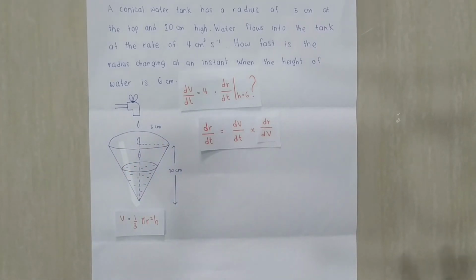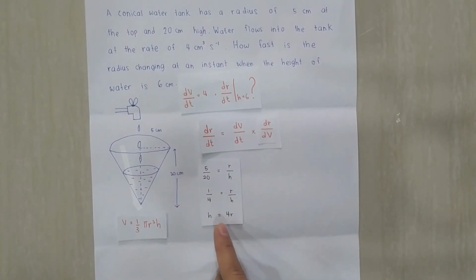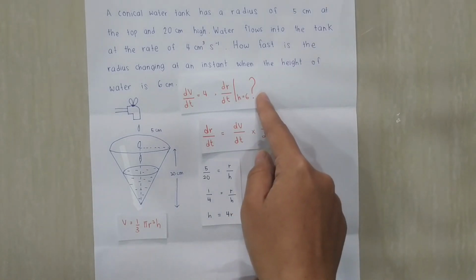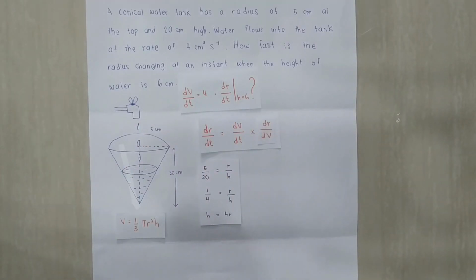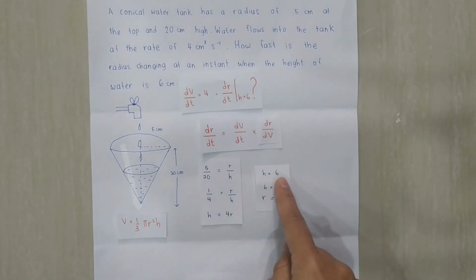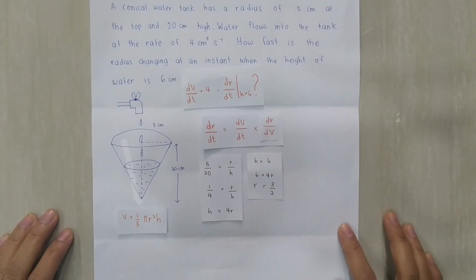So 5 over 20 is equal to r over h. So we can find the equation here: h equals 4r. Here we want dr over dt when the height is 6. So substitute and we get r equals 3 over 2.